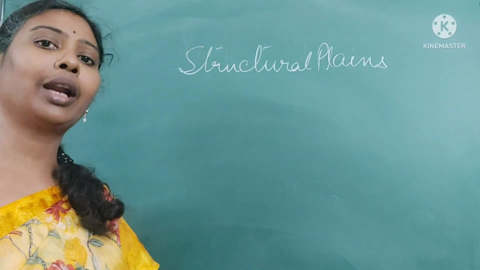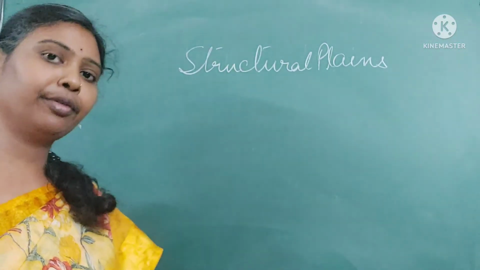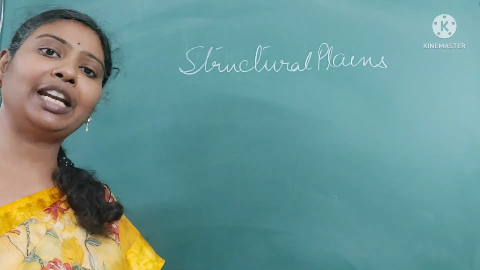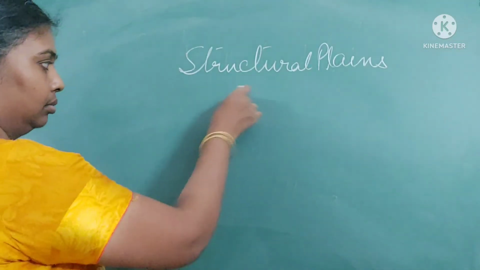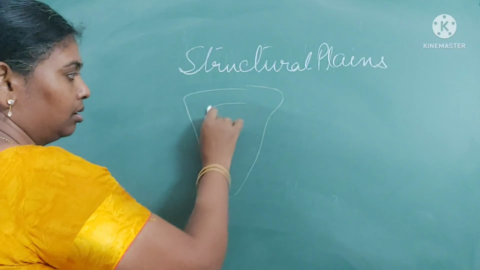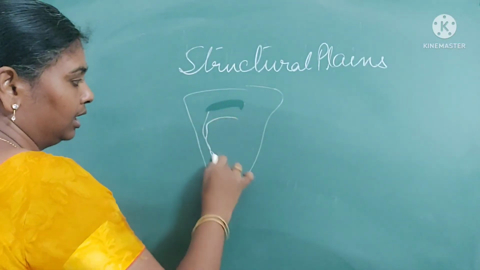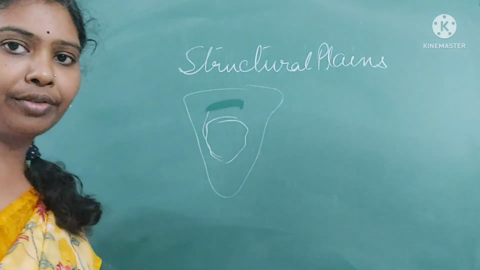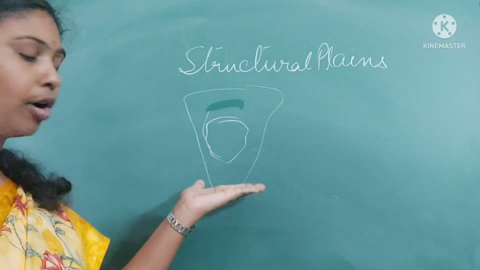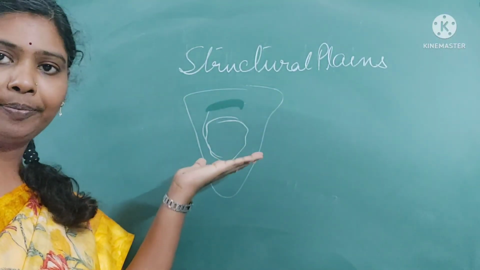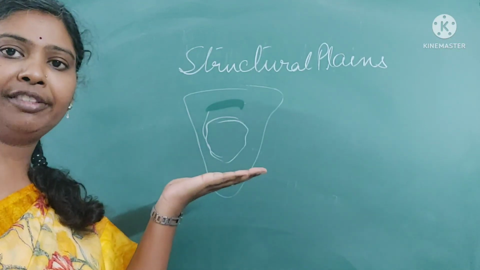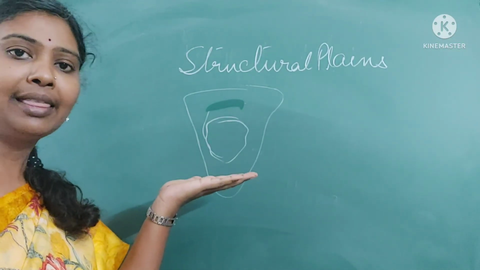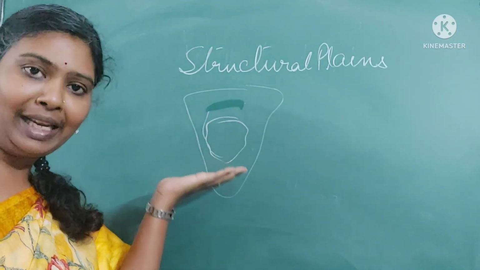See, for example, in case of the Great Plains of the USA, this part forms the Great Plains. This part is formed by upliftment of land. There was a slight upliftment of this land and this formed a plain.